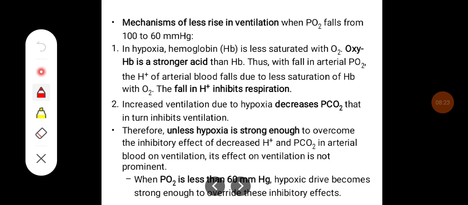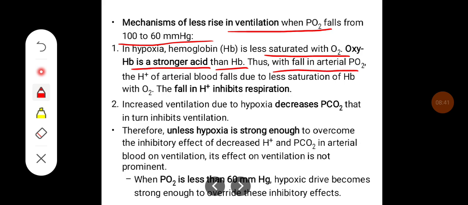Mechanism of the small rise in ventilation when PO2 falls from 100 to 60 mm Hg. In hypoxia, hemoglobin is less saturated with oxygen. Oxyhemoglobin is a stronger acid than hemoglobin. Thus, with a fall in the arterial PO2, the H plus of the arterial blood falls due to less saturation of hemoglobin with oxygen.